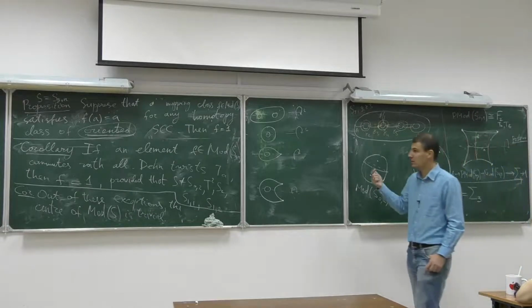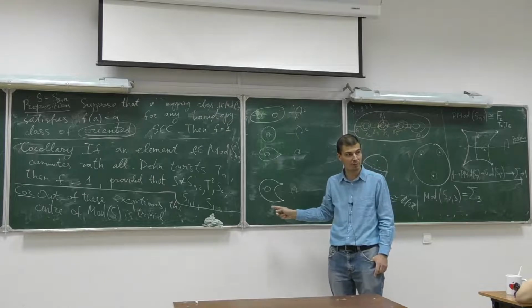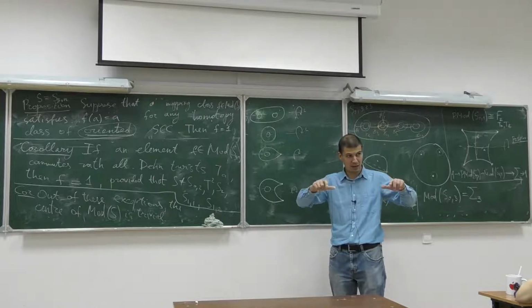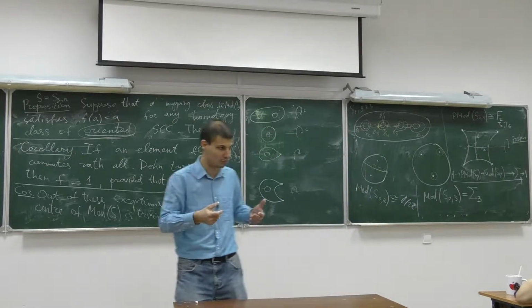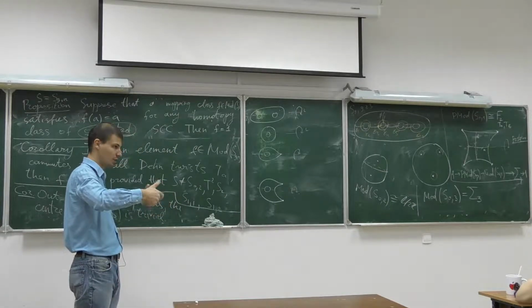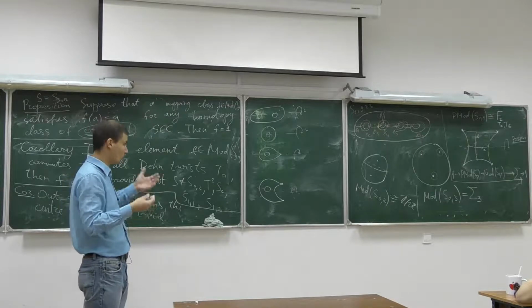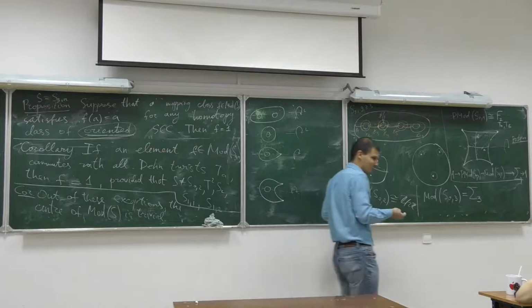The matter is that in all these cases, the argument with the algebraic intersection number works. So any element which preserves all isotopy classes of curves either preserves all orientations or reverses all orientations simultaneously. So the only possibility for this center is Z over 2Z.